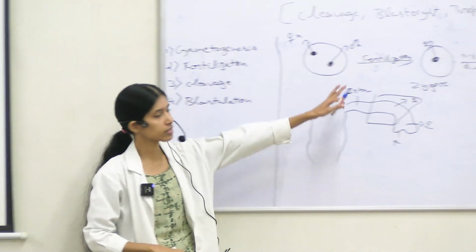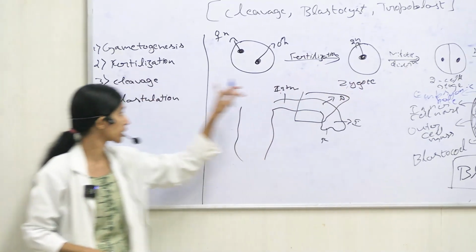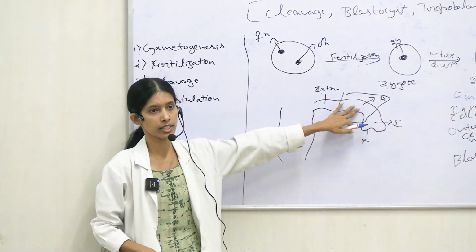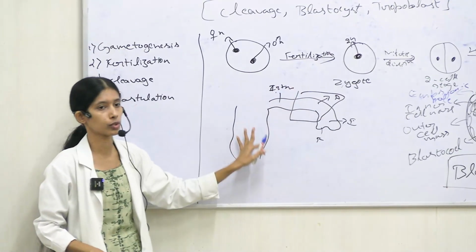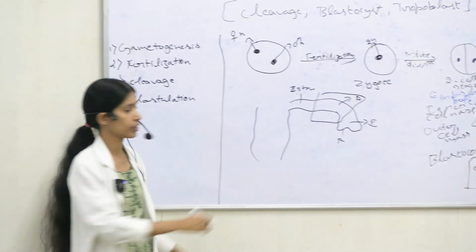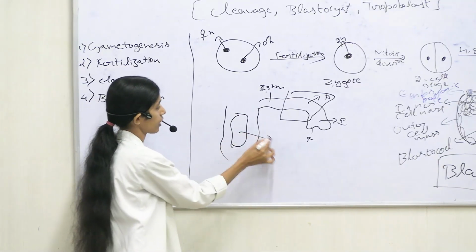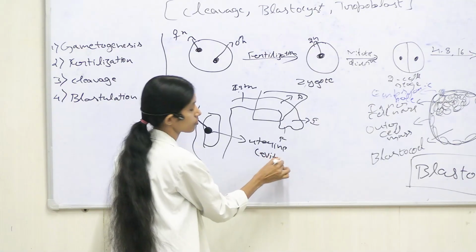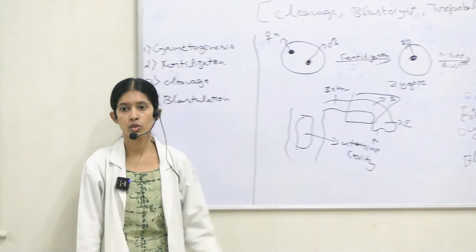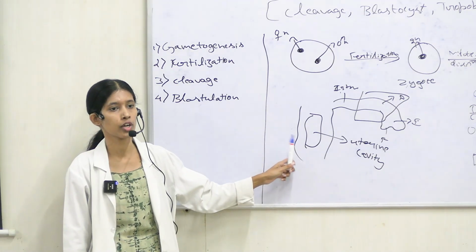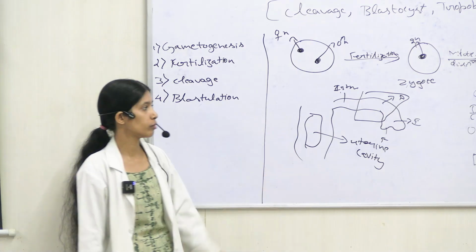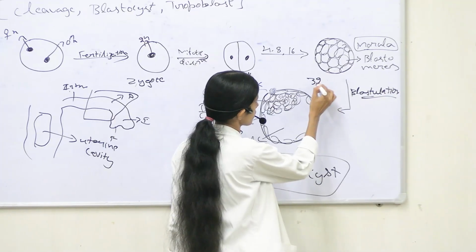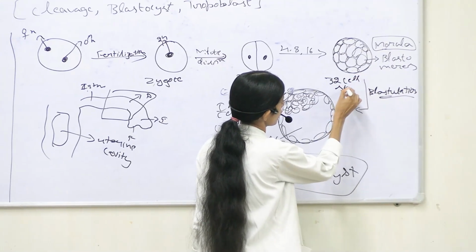So while the cleavage process is going on, the fertilized cell, your zygote, moves from the ampulla to the uterus, the uterine cavity. By the time it reaches your uterine cavity, the cell will actually be in the 32 cell stage, not the 16 cell stage.